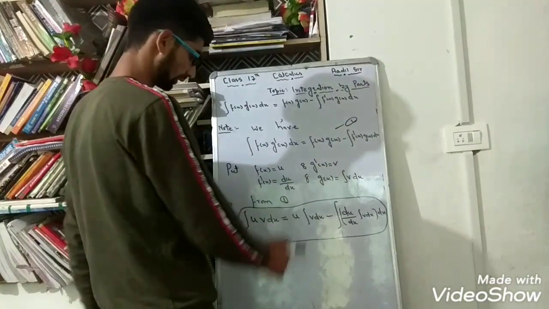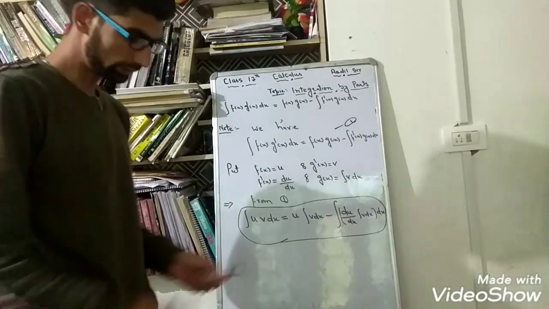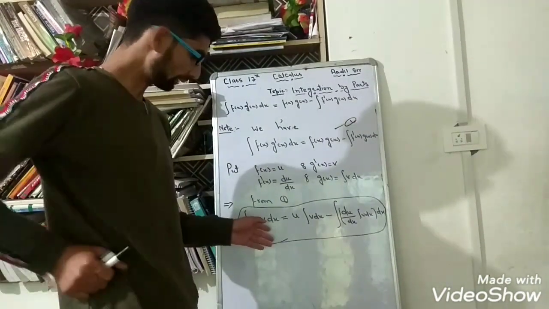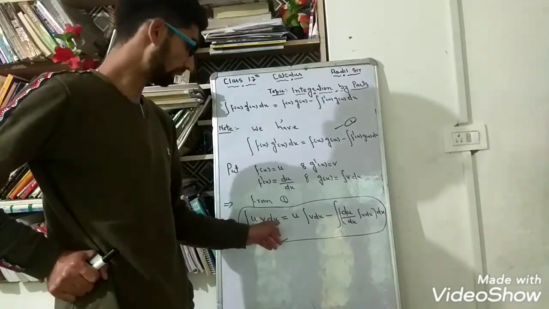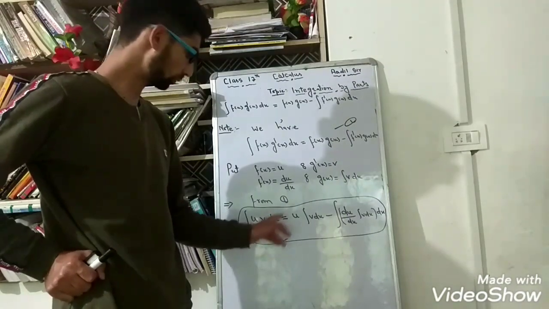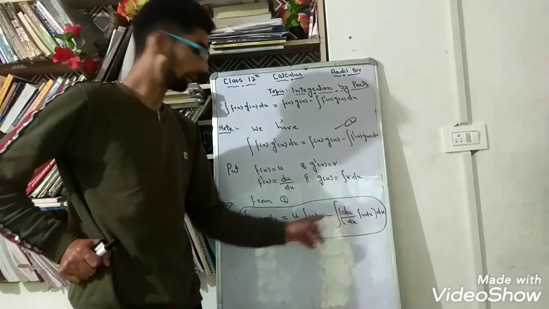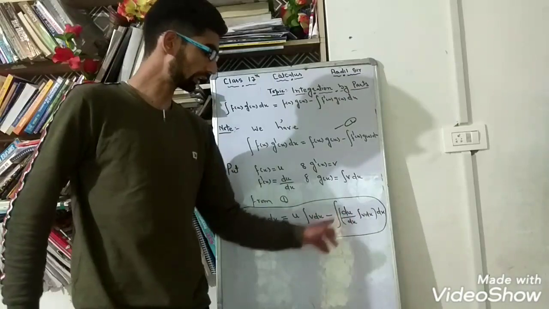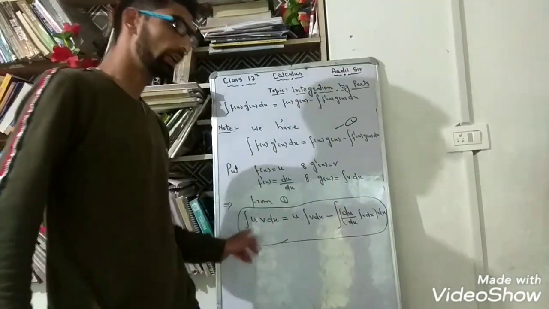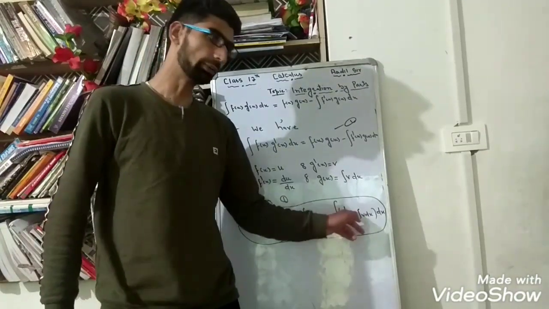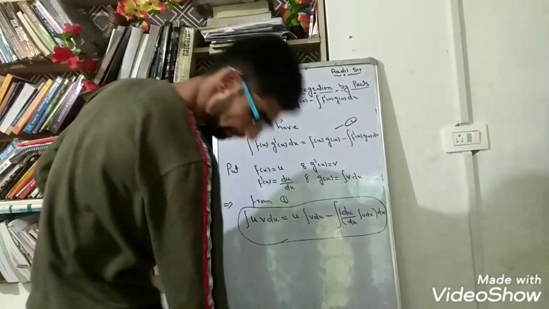This is the result. So what is happening in this result, beta? I will write it in the note. In this result, I am getting the integral of the product of two functions equal to the first function into the integral of the second function minus the integral of the differential coefficient of the first function into the integral of the second function.